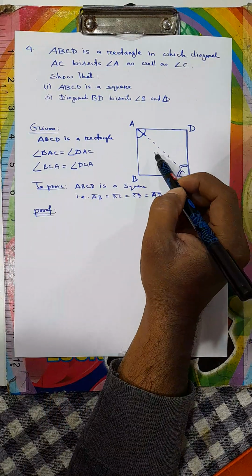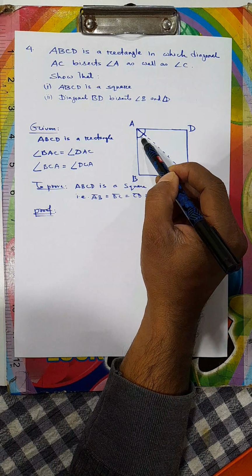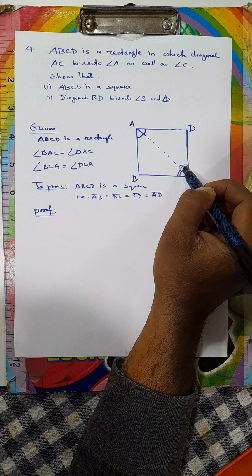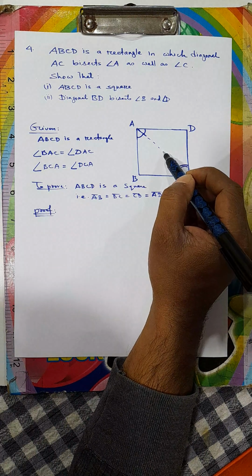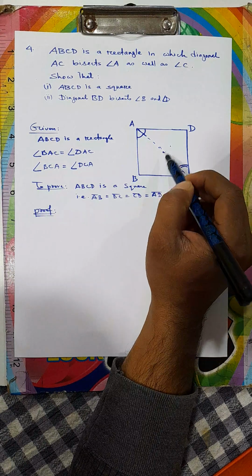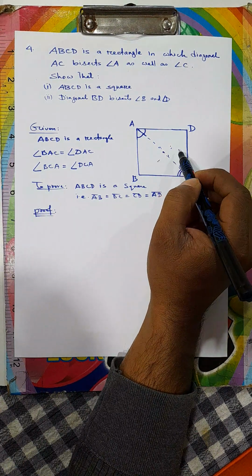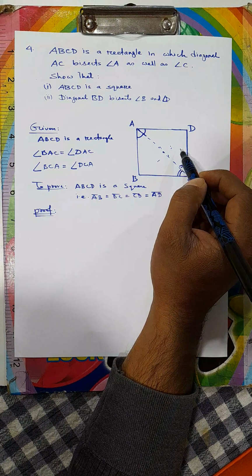Now consider these two triangles first here. You find that these two angles are equal. Again, these two angles are equal. AC is a common side. So these two triangles are congruent. Now in congruent triangles, corresponding parts are equal.